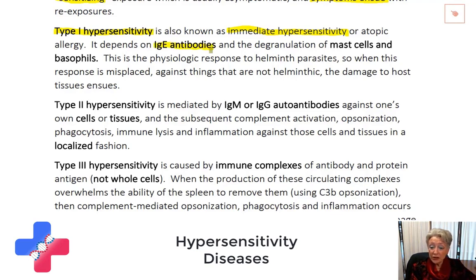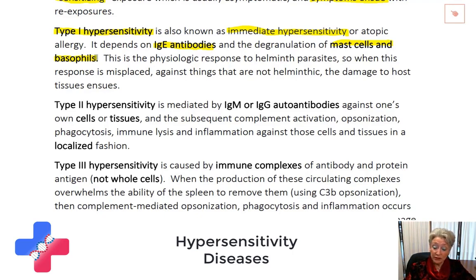Remember, in that scenario where the thing I need to get rid of is larger than any of my immune cells, I will use a flamethrower approach that involves making IgE and having that bind to mast cells and basophils. Well, when I mount this response against something that's not the size of Godzilla, then the problem arises that now I'm holding that flamethrower on my own tissues, and the result is bound to be damaging.